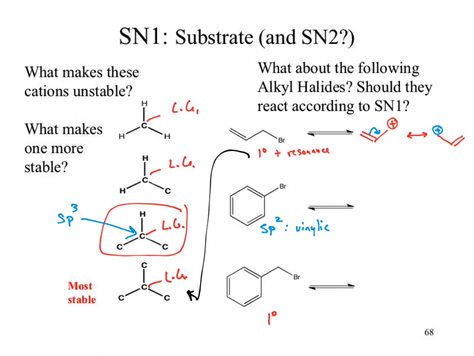Depending on where you look and what study you're using to compare those stabilities, they can kind of oscillate back and forth. Sometimes you'll see the tertiary be more stable than the primary with resonance. Sometimes you'll see the primary with resonance more stable than the tertiary. It all just kind of depends on luck of the draw, at least at this stage.